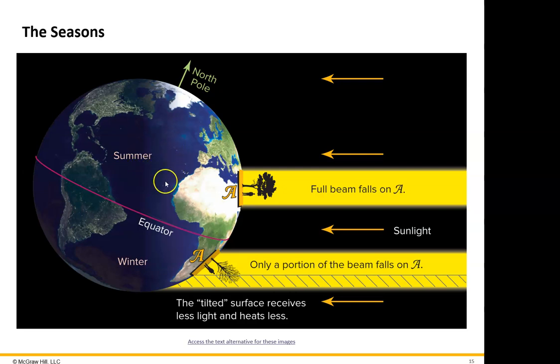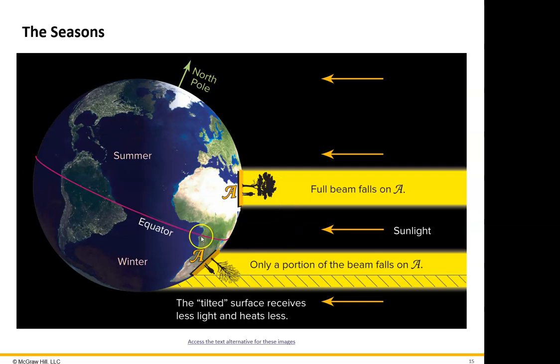There's this thing called the heat capacity of the water versus the heat capacity of the land. We're not going to get into that too much, but that's why it's usually hotter in August than in June.